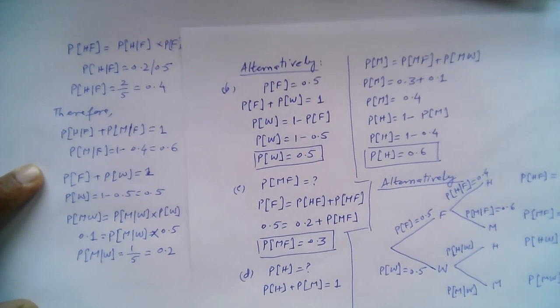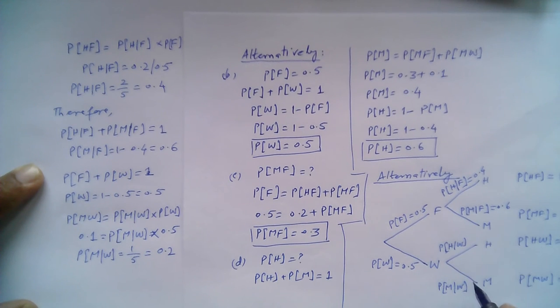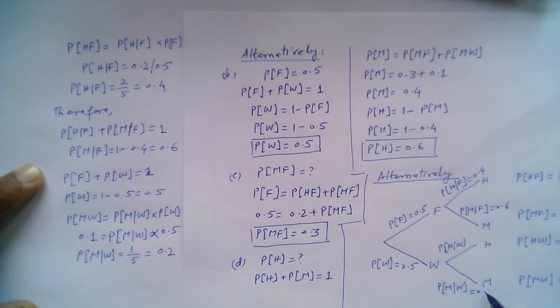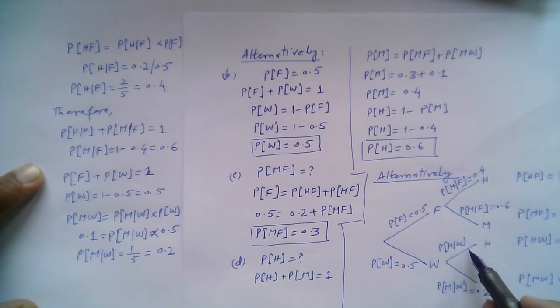We have calculated the probability of M given W to be 0.2, so this should be 0.8.